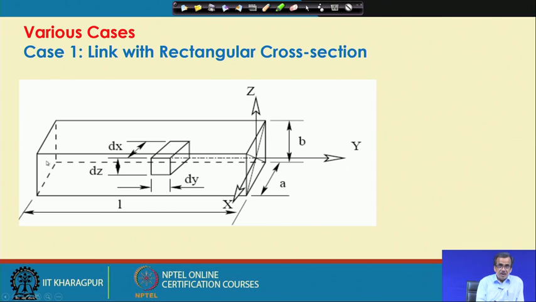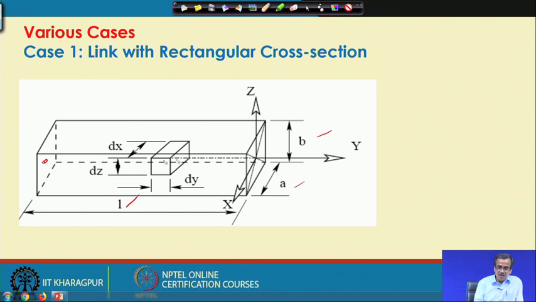Truly speaking, the motor is connected here, and I will have to put the coordinate system on the other end. This is the length of the link, that is L, and it has the cross section dimensions A and B, and I will have to find out the inertia tensor for this particular robotic link.